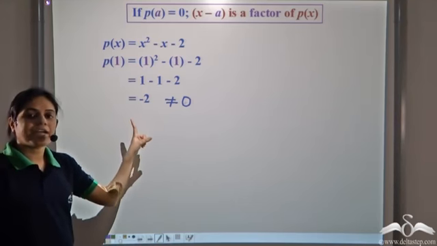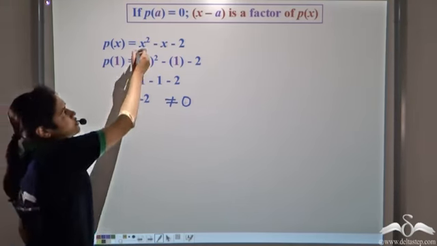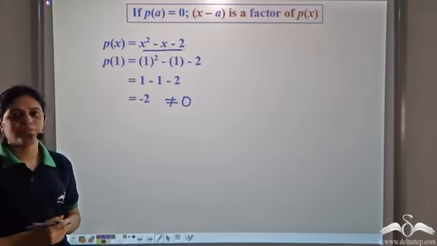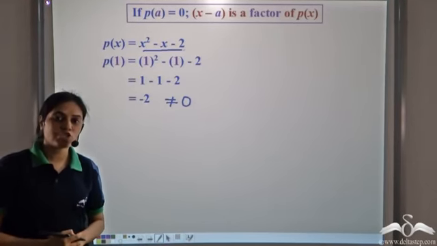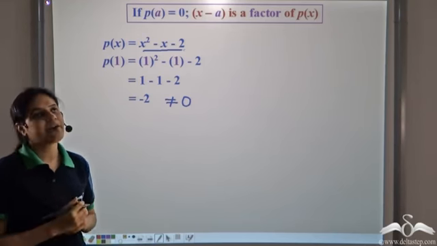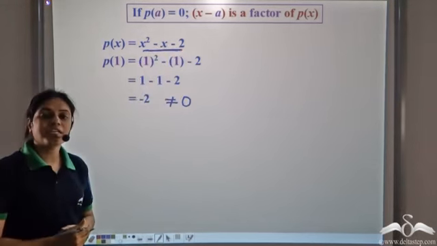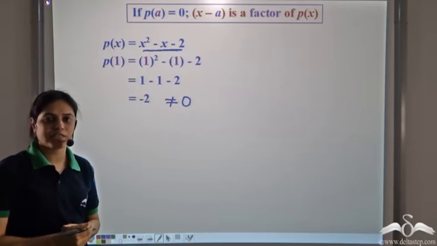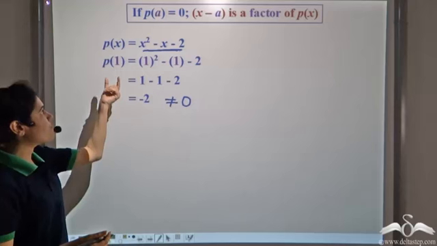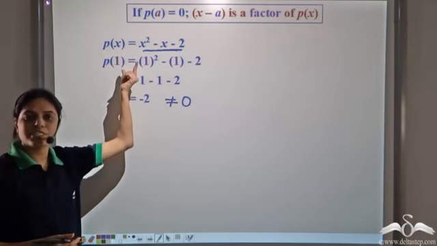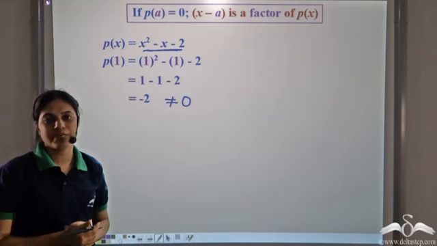So using the factor theorem, we have said that x minus 1 is not a factor of this expression. But using the factor theorem, we can also say what is a factor of this expression. That is, we can factorize this expression using the factor theorem. So we need to check different values for which P(x) will become 0, and based on that we can find the factors of P(x).